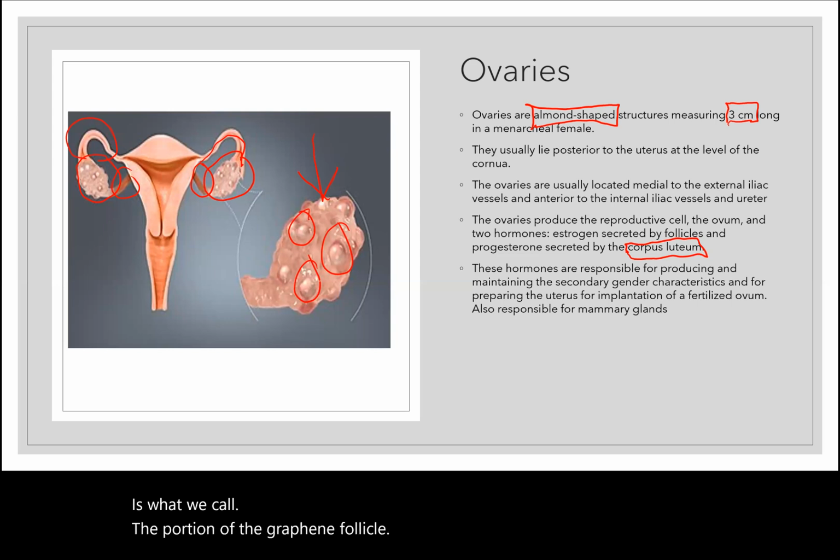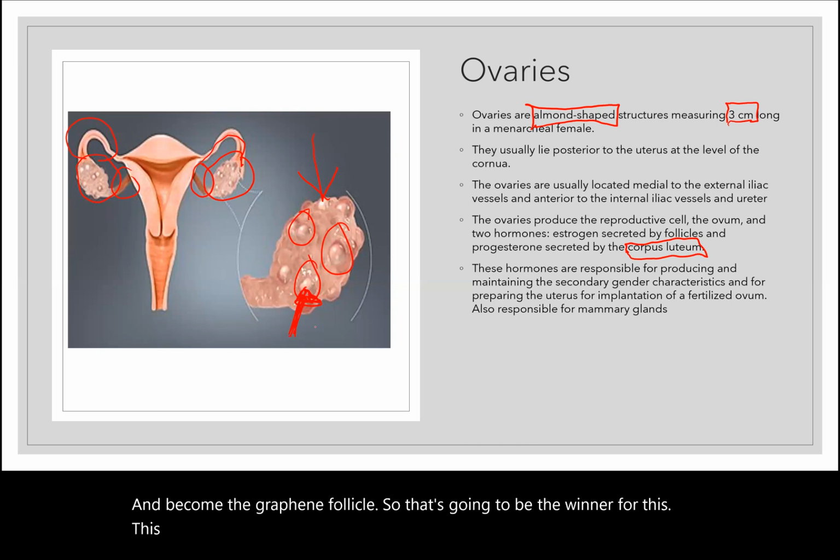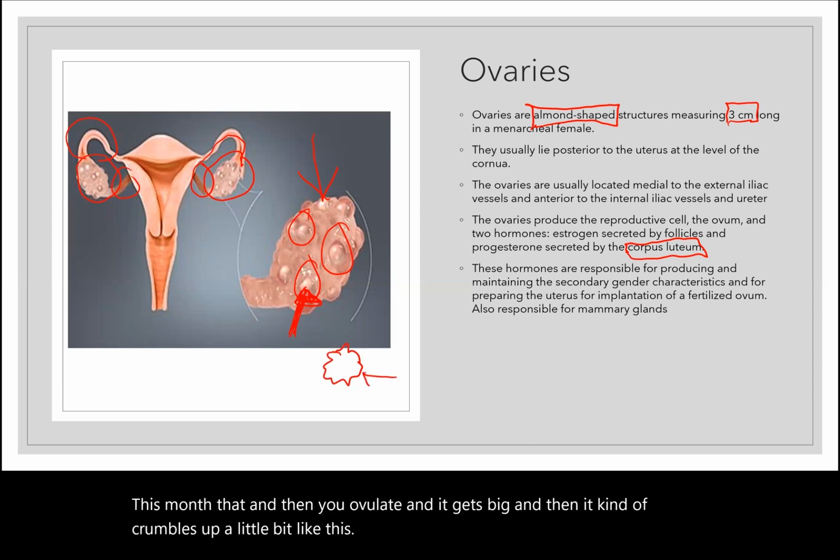So let's say this one is the one that's going to grow and become the Graafian follicle. So that's going to be the winner for this month. And then you ovulate and it gets big and then it kind of crumbles up a little bit like this.